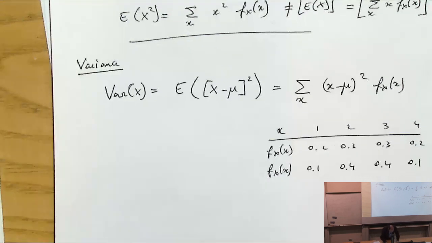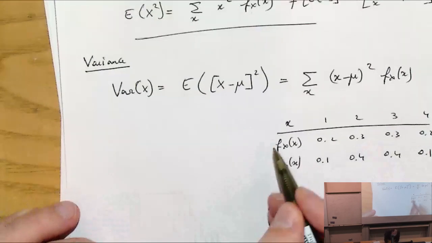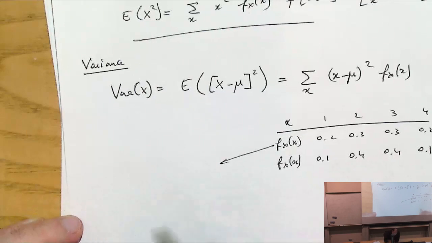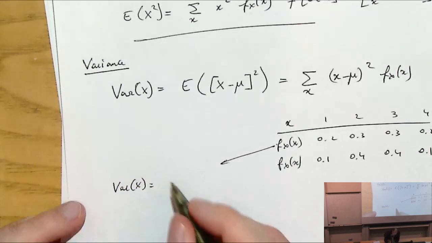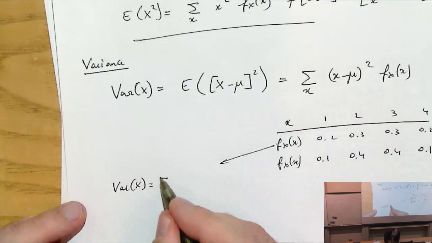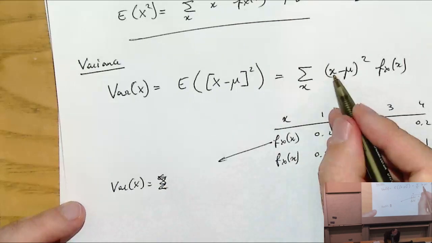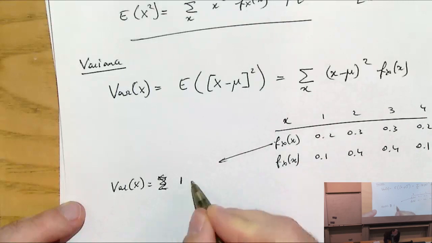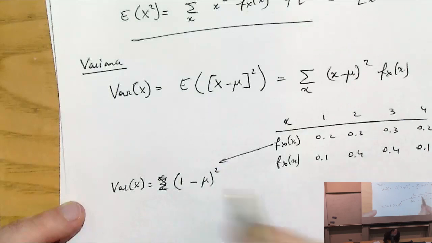So we can look at some example in a minute. How can I compute the variance here? Well, the variance of x will be a sum over all possible x. Here, first x is 1, so I have 1 minus mu. And what is mu here?